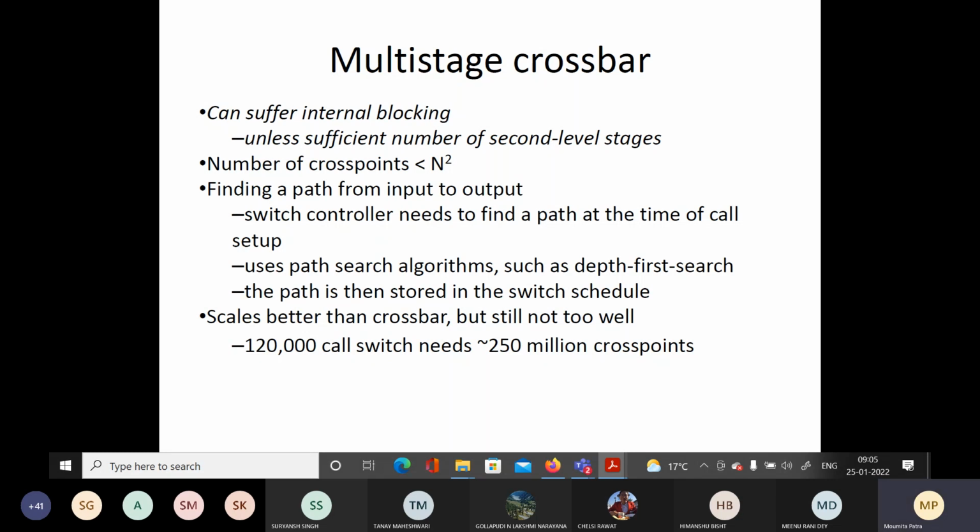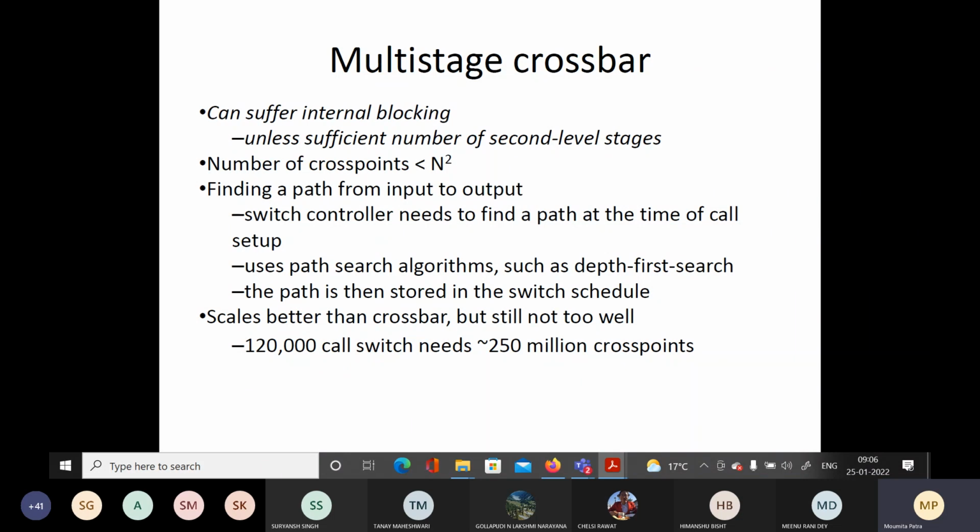All right, so although the multi-stage crossbar gives a lower number of cross points as compared to a simple crossbar switch, it is internally blocking, and therefore we need to find some way to improve over the multi-stage crossbar. Also, for a multi-stage crossbar, whenever there is an input and it needs to go to the output, the switch controller needs to find a path from that particular input port to the particular output port.